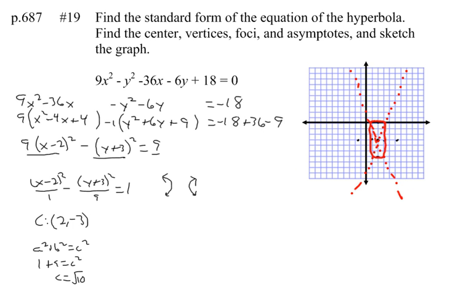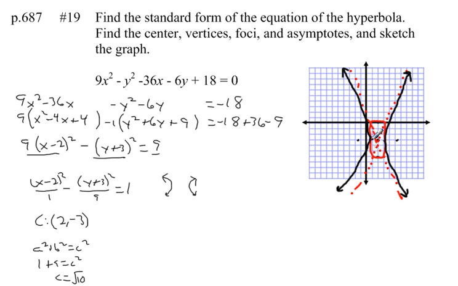These asymptotes will help me sketch our hyperbola. So my hyperbola approaches these asymptotes, never touches them, just touches that box at that point, and then once again approaches the asymptote and never touches it. Same thing on this left-hand side. It approaches, touches at that point, and curves away.